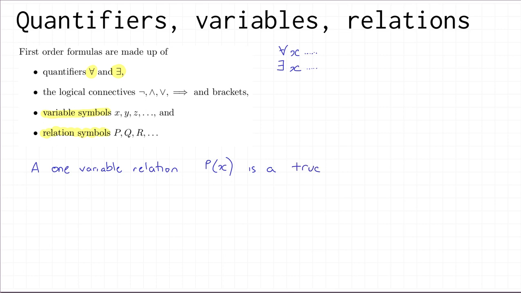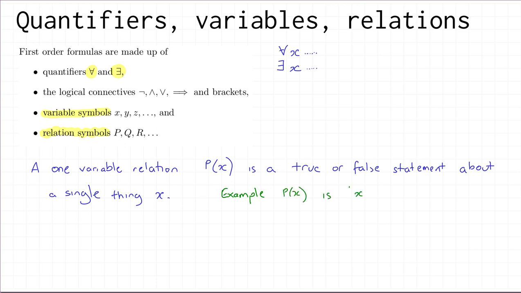So a true or false statement about a single thing x. So as an example, you might take something like P of x being x is even.